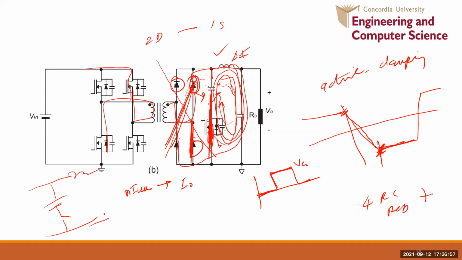This extra current is freewheeling. Oh, the switch direction is different, it seems. And that capacitor will be charged in the negative position. Then how is it discharged? That is the question. Yeah, then it is discharged through the diode.